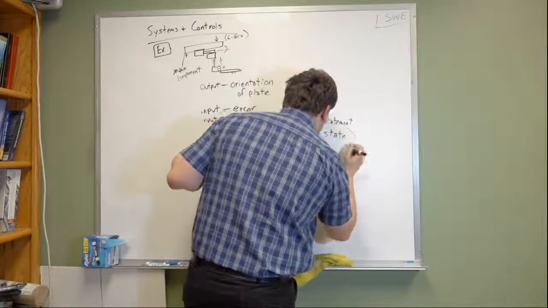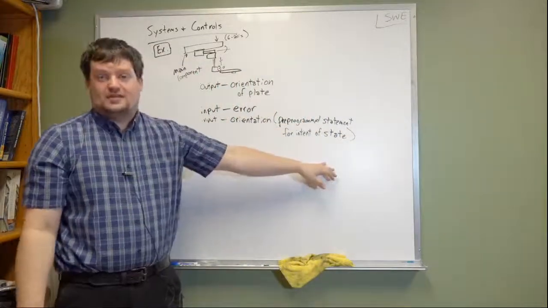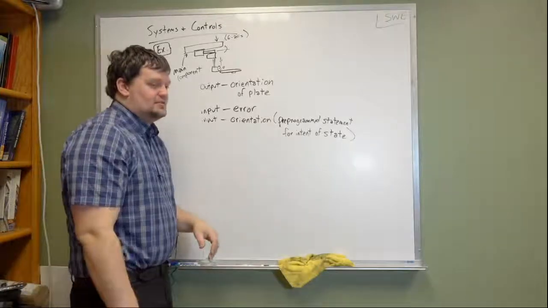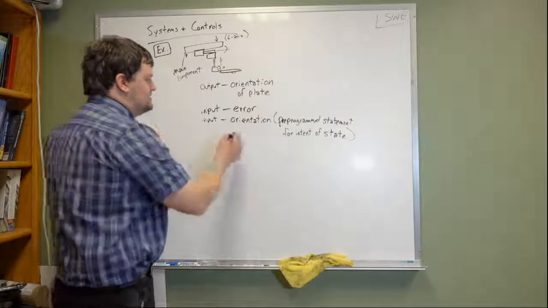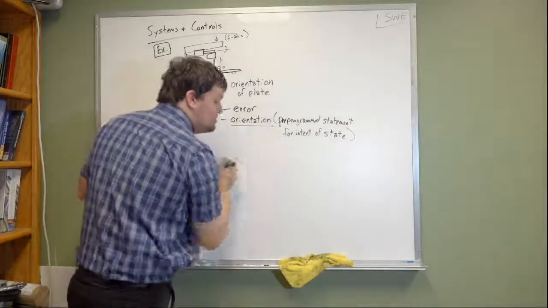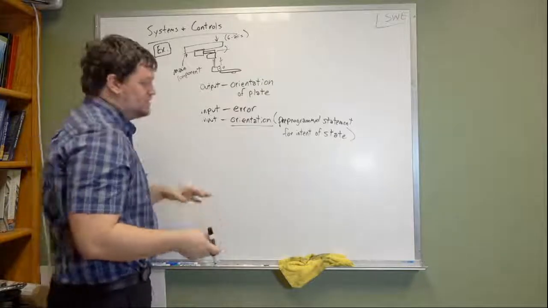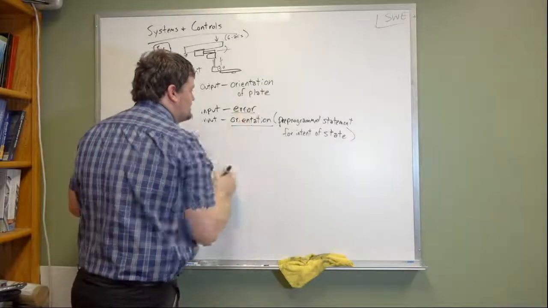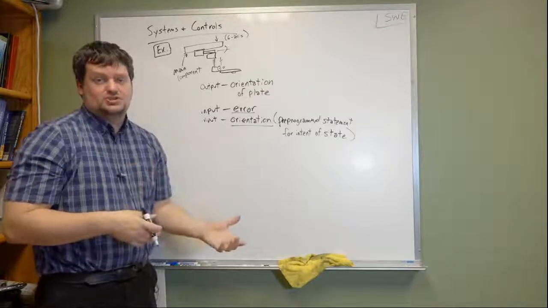This is what I want it to be. I want it to be pre-programmed. I want you to stay flat. So that's the idea here. We have two different inputs, and you'll notice this is the desired input. I want to tell you what I want the orientation to be, and then this is the difference between that desired input and the actual input.